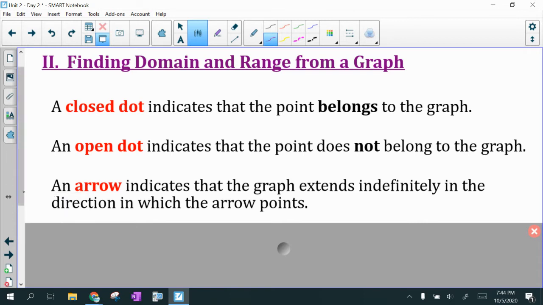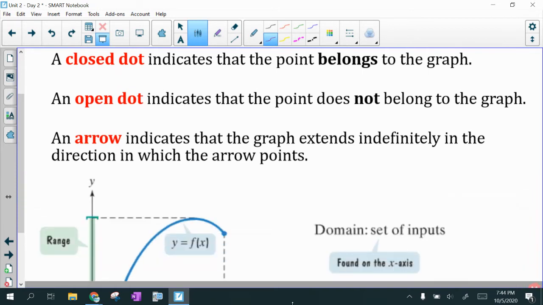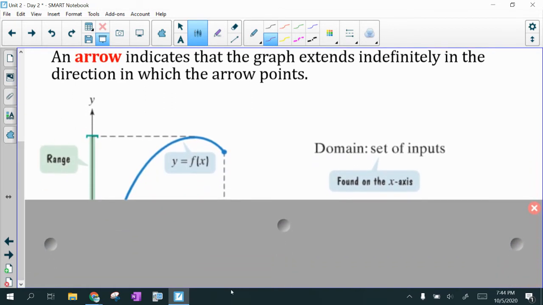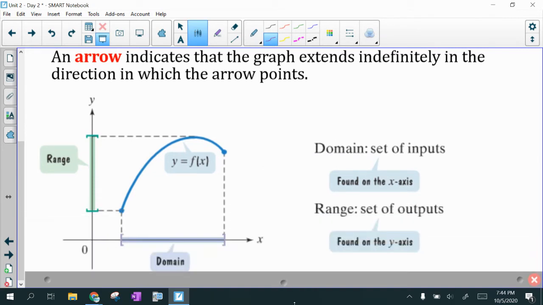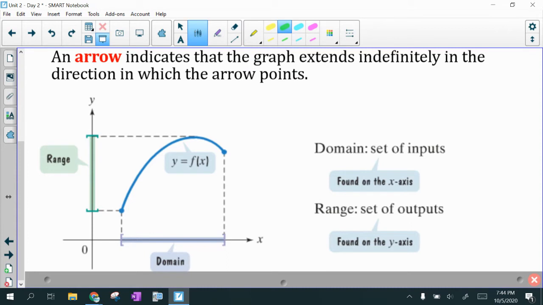Next. Okay, here we go. You're going to see an example of what is being talked about. A lot of people are pretty good on the concept of the domain. You're saying, what x values do I go from and to? In this case, I'm going from the lowest x value up to the highest x value.